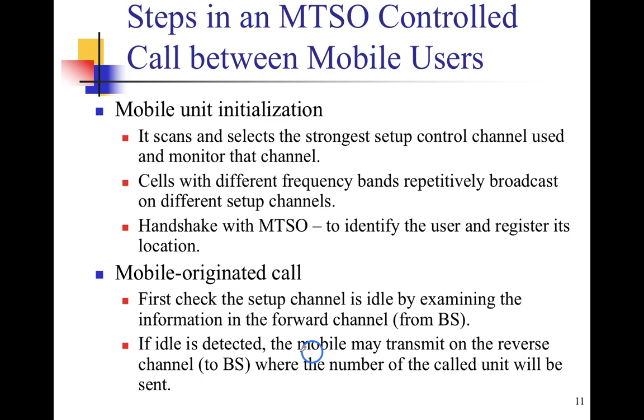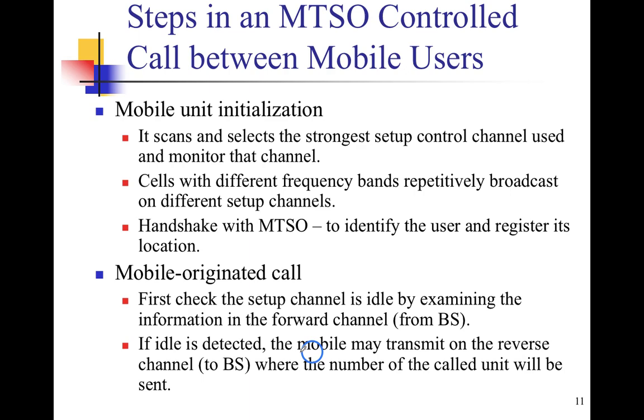And when the mobile starts an originated call, first, if the mobile unit wants to call the other party, it checks whether the setup channel is idle by examining the information in the forward channel from the base station. So the mobile unit will monitor the channel.